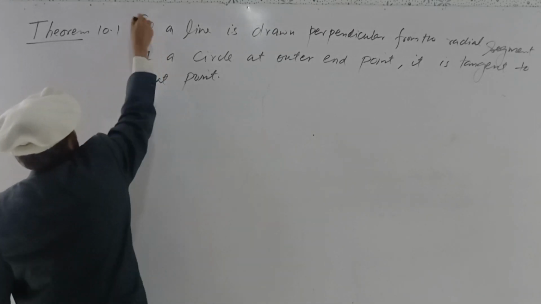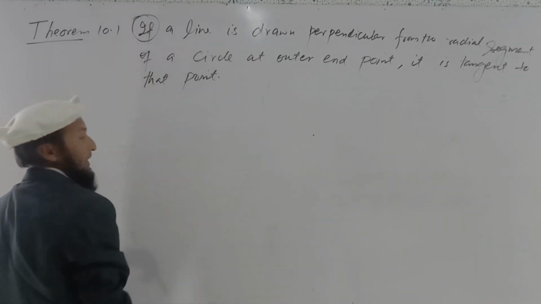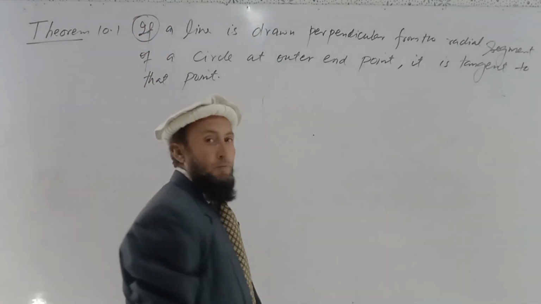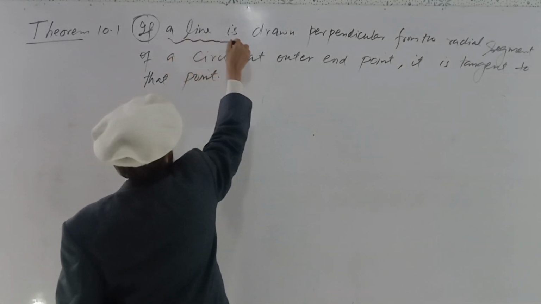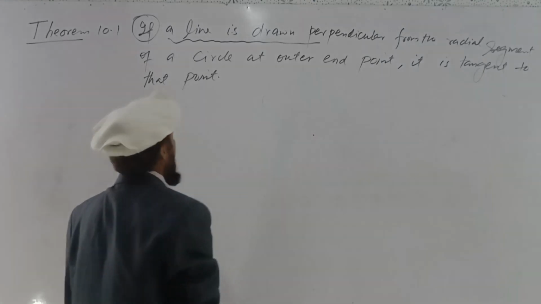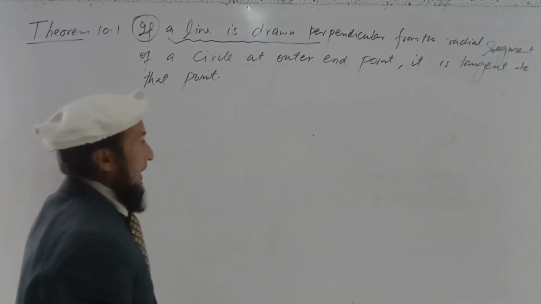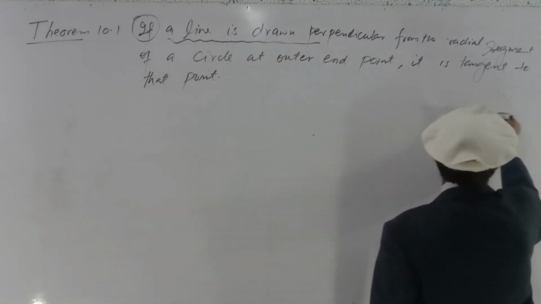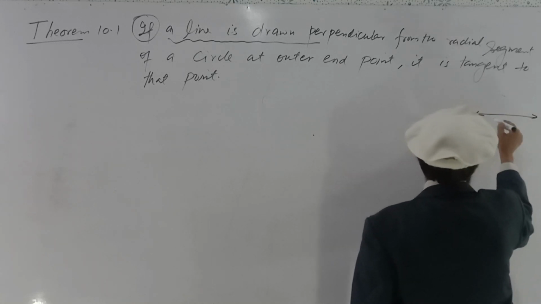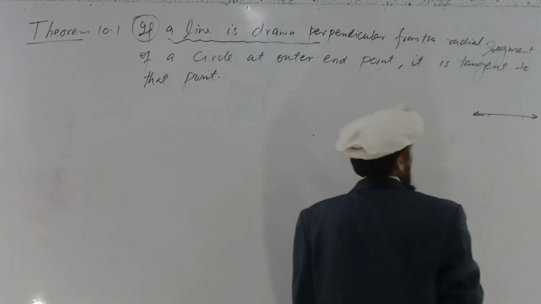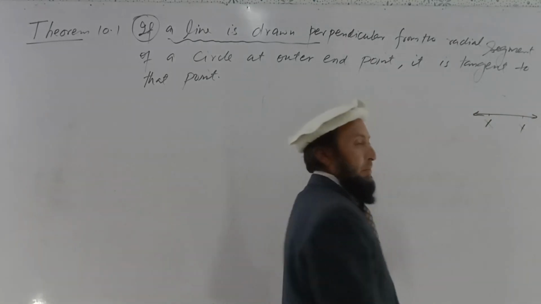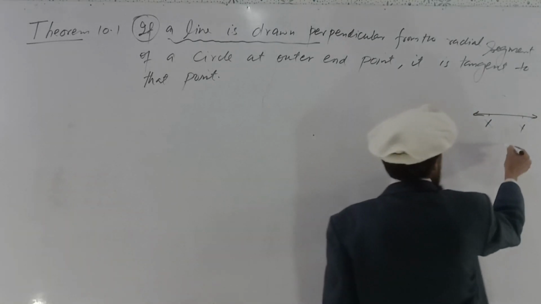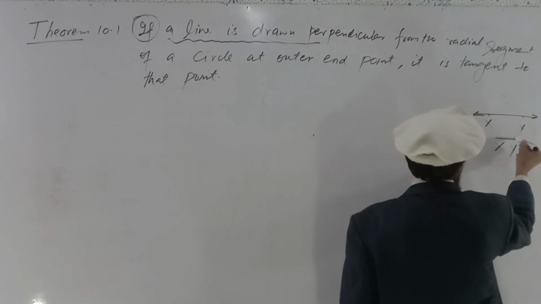Look here, it is given clearly. If a line is drawn perpendicular, we take any line. A line is represented by a double arrow, for example XY represents any line.